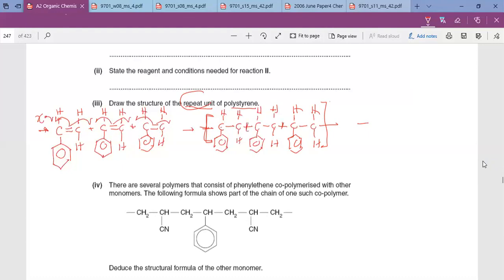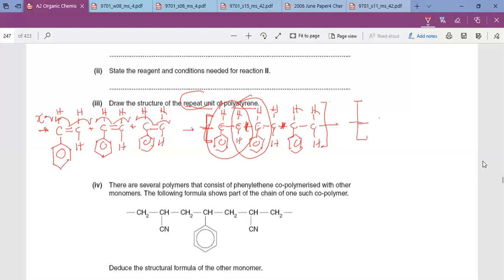Because every 2 carbons must come from the monomers. Every 2 carbons, don't care. 1, 2, you can start from here. 1, 2, draw a line. 1, 2, draw a line. Now you can start from here to here, or here to here. It doesn't matter, it's the same, just reversed. So just draw like that.